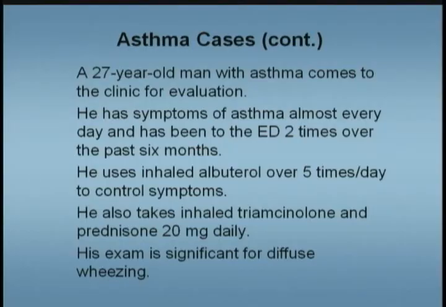At least try to use leukotriene inhibitors in this patient, like montelukast, to be able to take the patient off the prednisone. That's the exact scenario where I told you, look, this guy needs montelukast to be able to get him off the prednisone. And now look at the other thing here, he uses inhaled albuterol over 5 times a day to control symptoms.